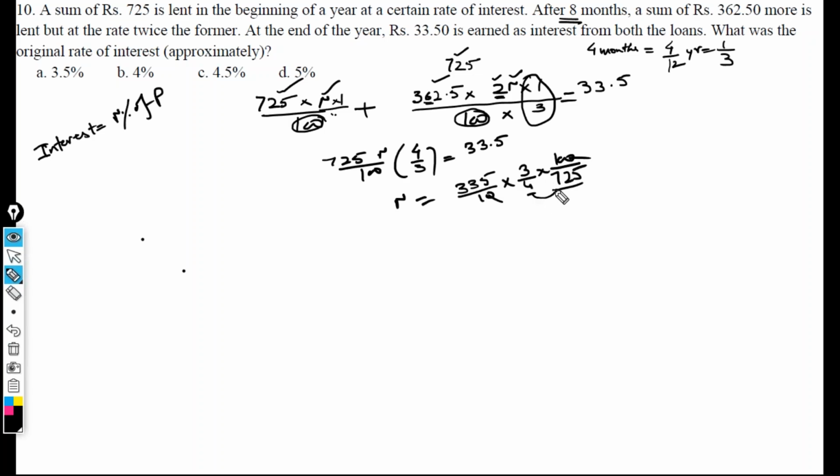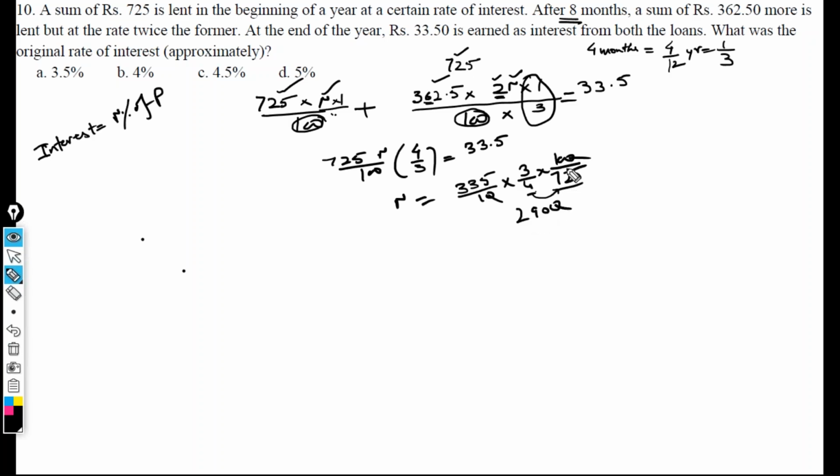Product of 4 and 725. Be quick. Right, Madhu? No, Pranvi. Right, Bhavya. Right, Shubham. Right, Nikhil. So 4 into 725 is 2900.